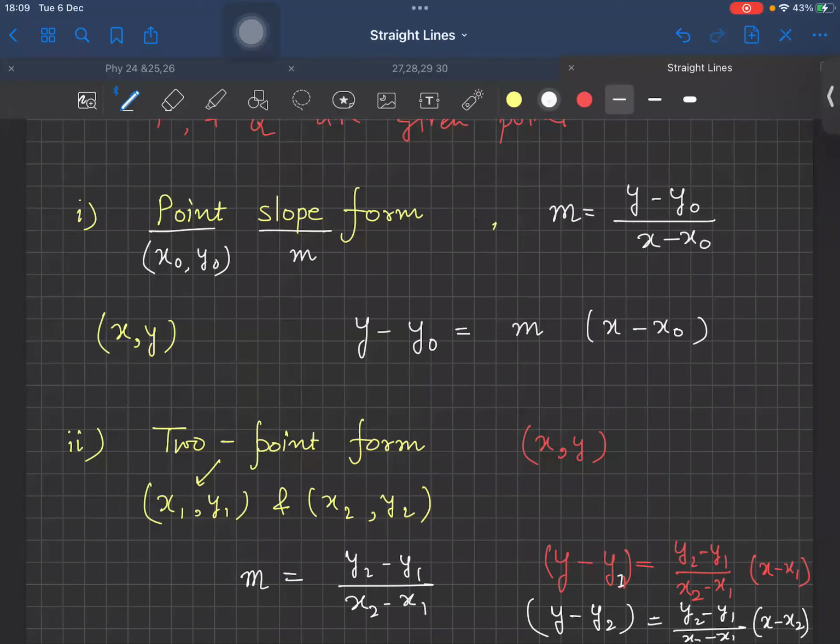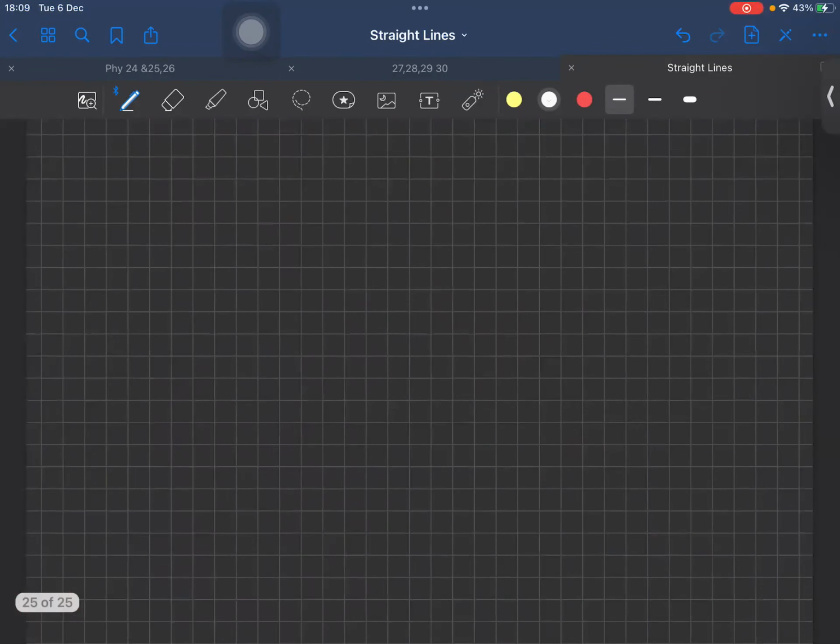The ultimate goal is always to find the slope and one point, and you'll be able to find the equation of line. We can manipulate it to different forms. Whatever forms we are studying are just manipulations of slope. That's why it is important to solve problems. Then only you will understand it.